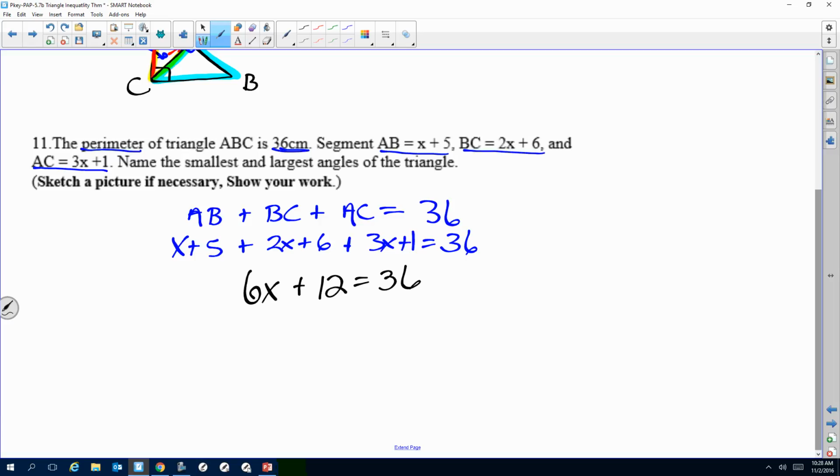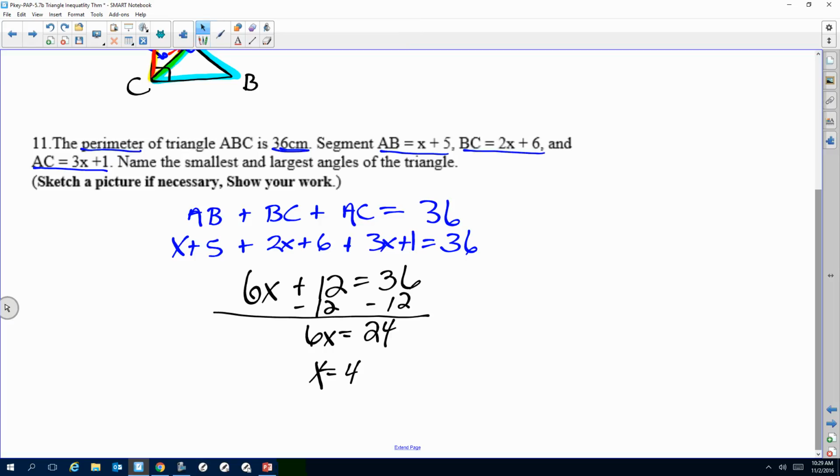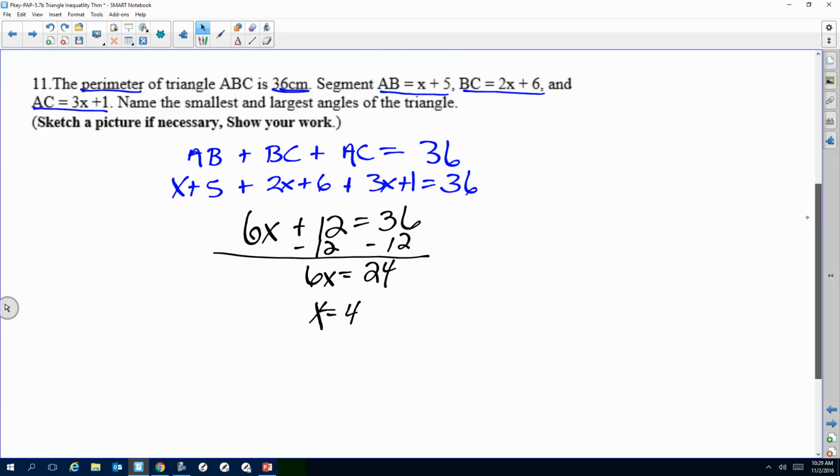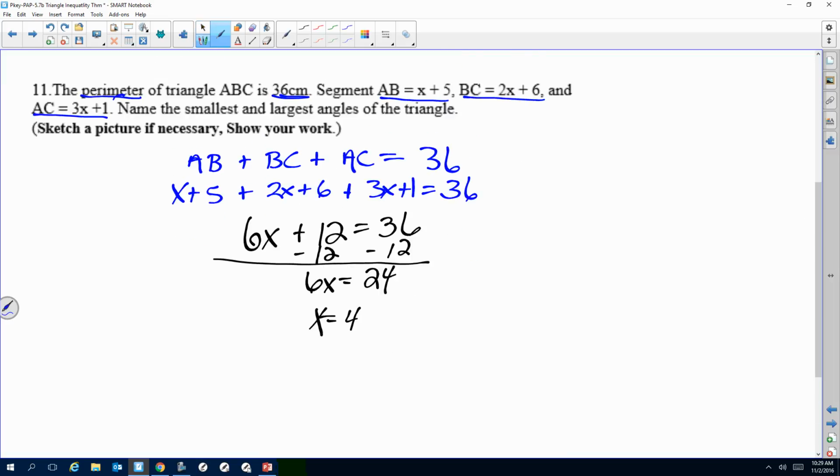All right, so we're going to solve for x. Minus 12, minus 12, 6x equals 24, and then x equals 4. Is that our solution? No, what are they asking us to do in this problem? Yeah, name the smallest to largest angle.